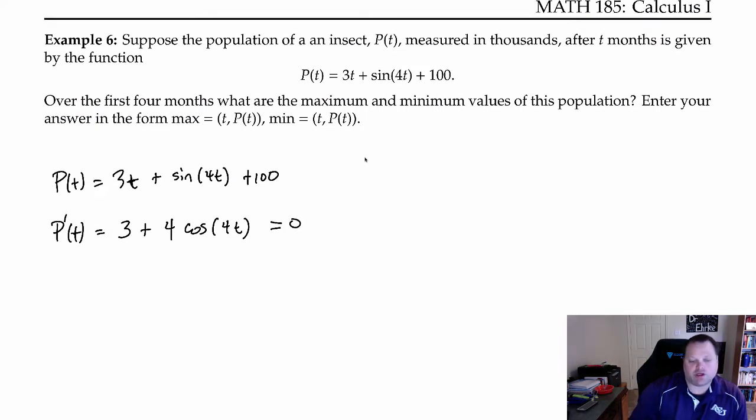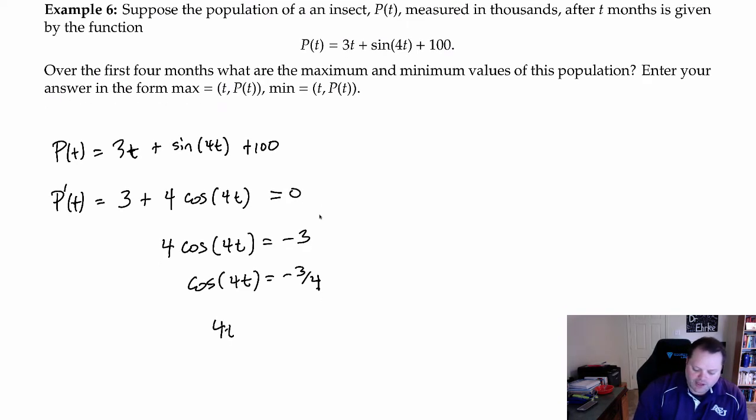Now here's where trig class comes in. I'm trying to solve a trigonometric equation equal to 0. So it's like any other equation up to a point. So we get 4 cosine 4t is negative 3. Cosine of 4t is negative 3/4.